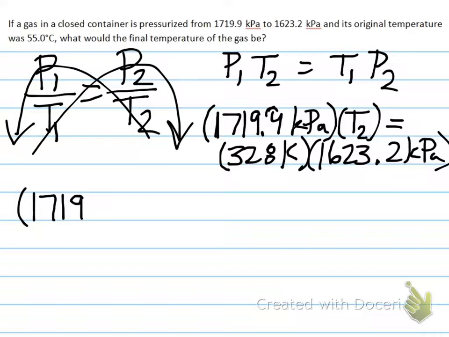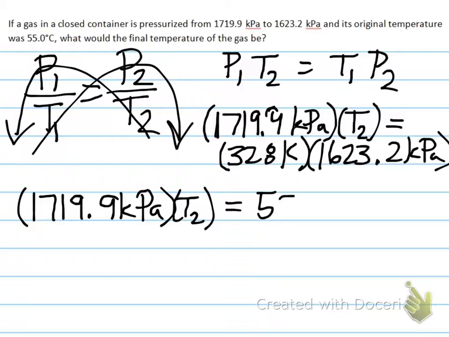After I multiplied everything on my right side, I got 53249.6. Technically, that is Kelvin times kilopascals.